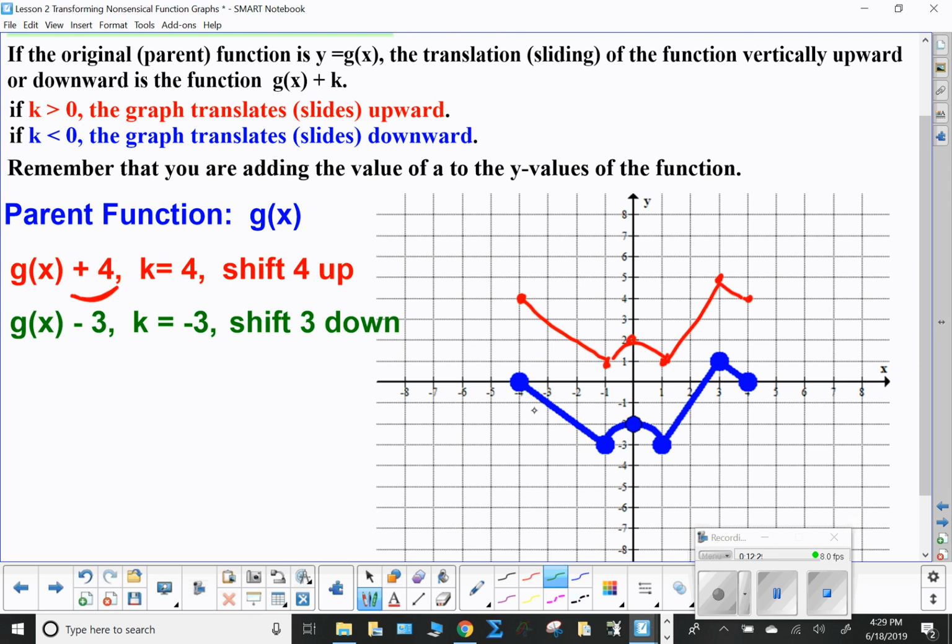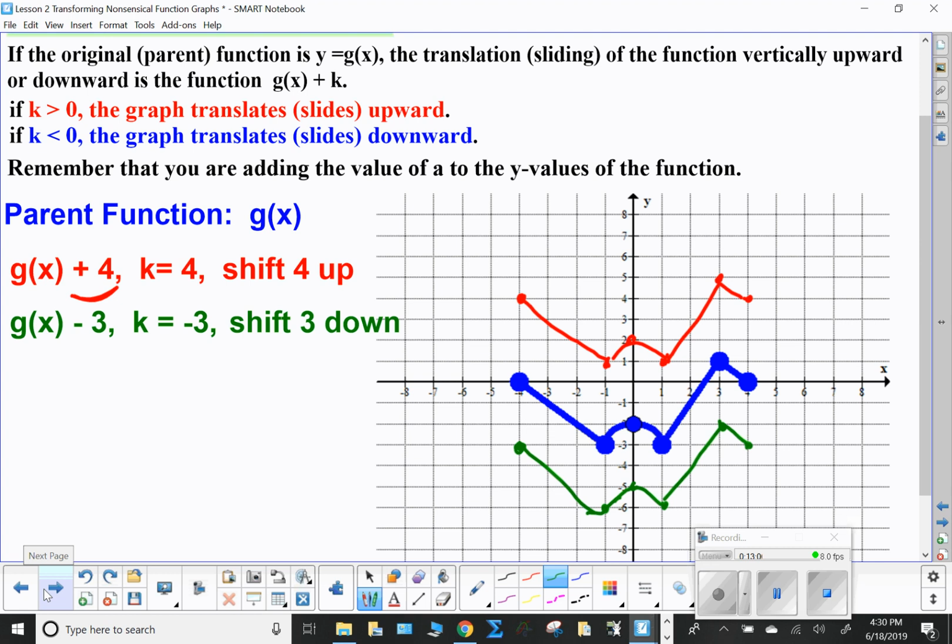We take each one of these points, 1, 2, 3, and we move it 1, 2, 3. We simply move it down 3 and reconnect. So much easier when it's not on a computer there. Okay?